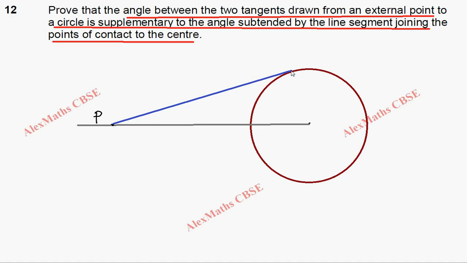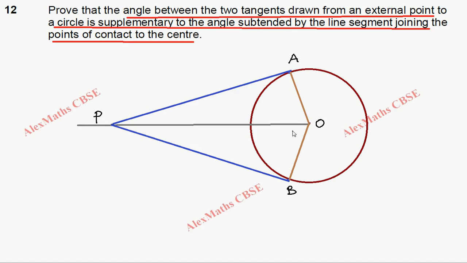This is the tangent PA and this is another tangent PB. Let's take these as points A and B. Now this is a point of contact between tangent and the circle, and this is a line segment joining it with the center. Let's take the center as O.